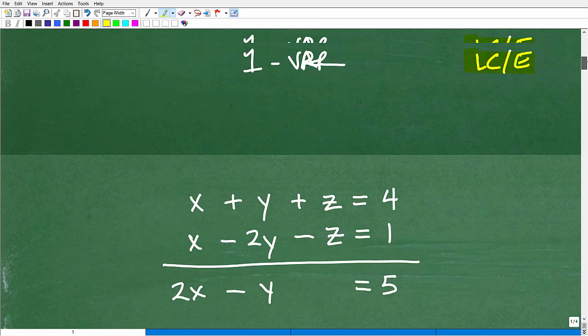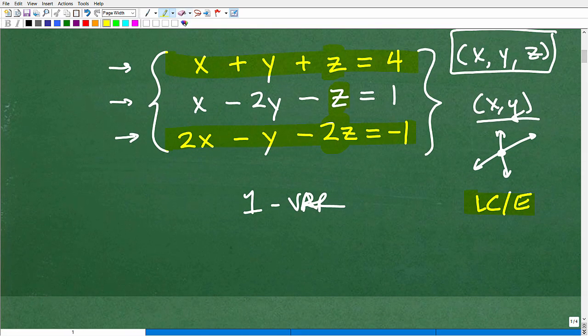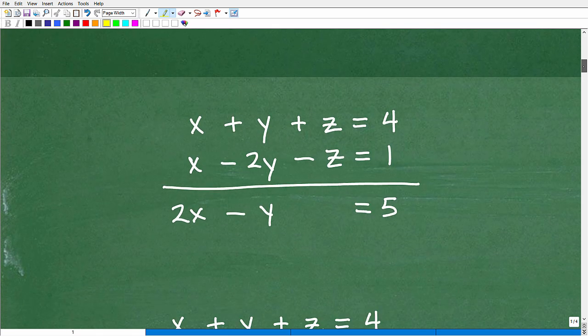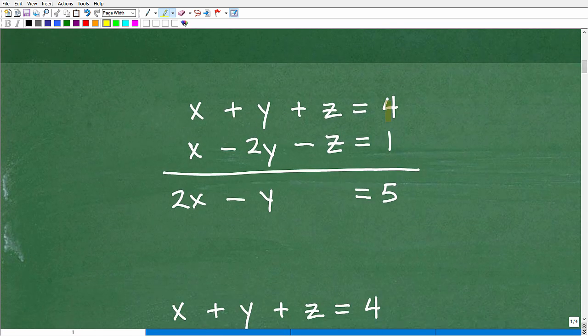Okay, so notice here, let's keep this in mind because I'm going to be moving somewhat rapidly. Now, I'm taking the first 2 equations. So x plus y plus z equals 4, x minus 2y minus z equals 1. I'm going to use these and combine them.